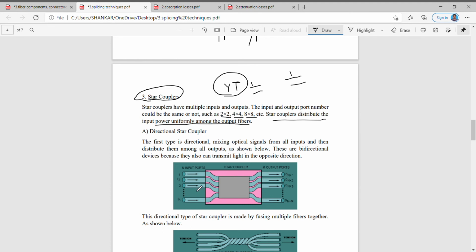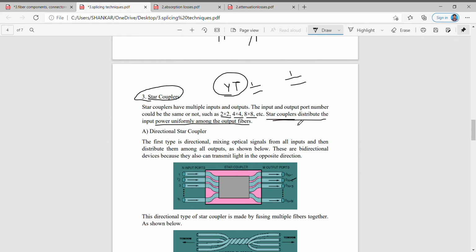In the diagram, I have n input ports and m output ports: input 1 and output 1, input 2 and output 2. Whatever input power you give will be directed to the output port.